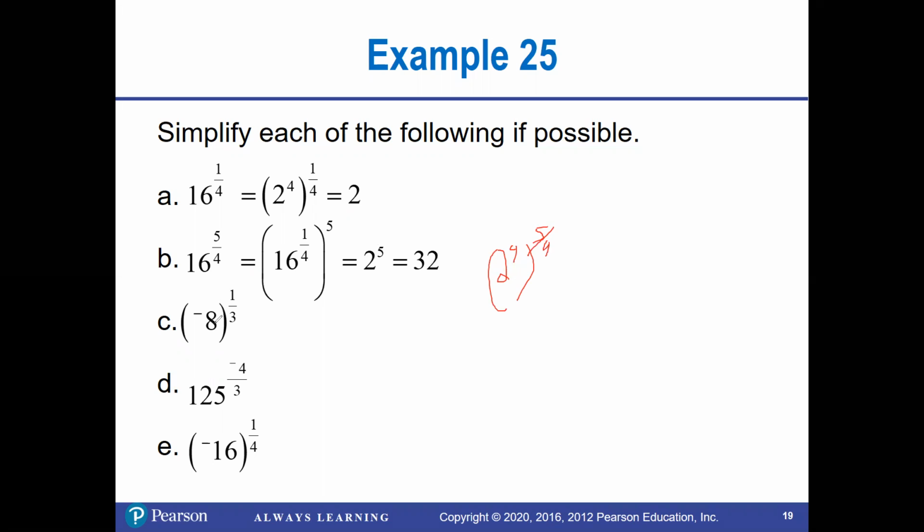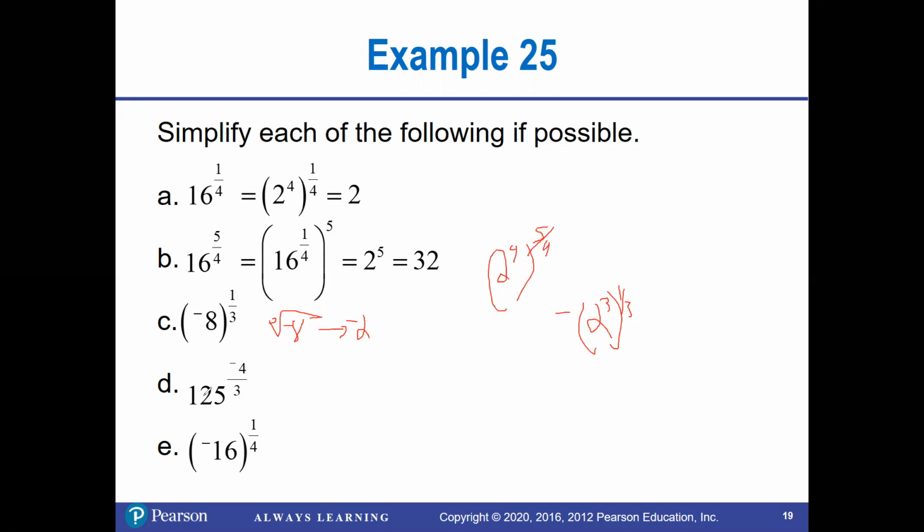Okay, this one, negative. Now I can take the negative. You can do this a couple different ways. You can do the cube root of -8, which is actually -2. Or you can do -2 cubed to the 1/3, and again, you still get -2.